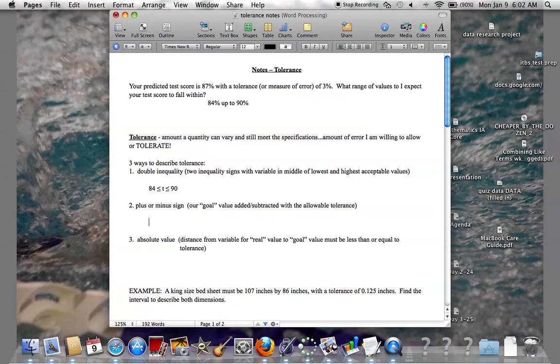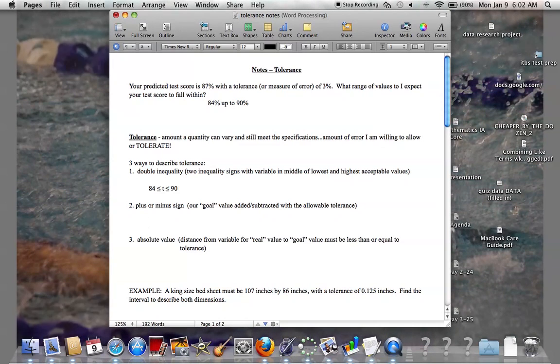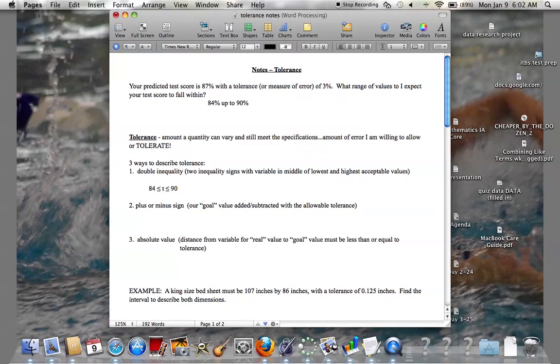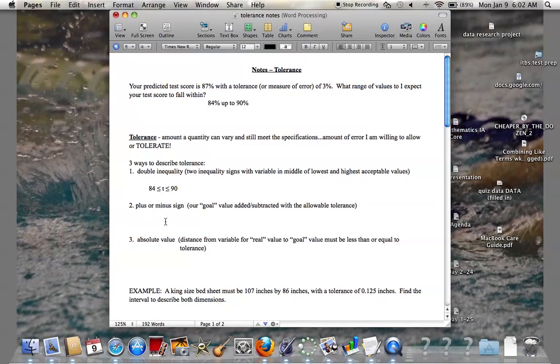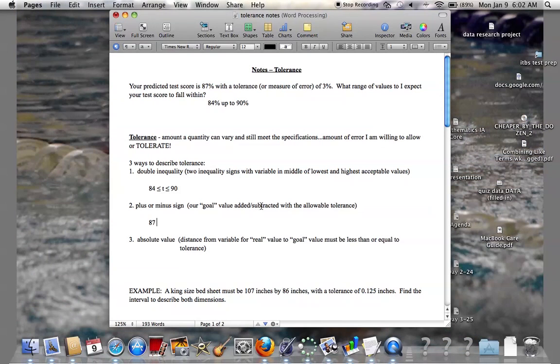We also have a second way, which is called plus or minus, because when we do this concept of tolerance, we either plus the number or minus the number. So there's a sign called plus or minus. And how you do this is you take your goal value. In our problem, this goal value was 87. And then both things, the allowable tolerance.